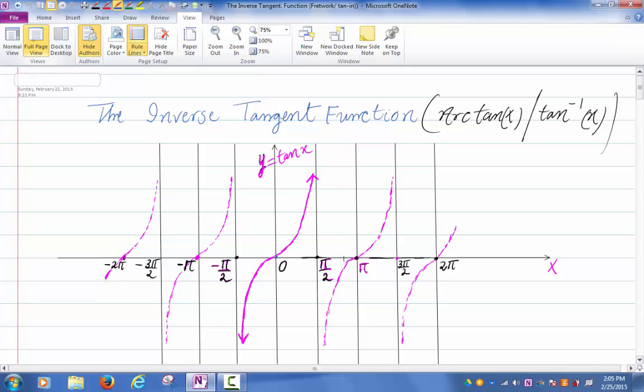Yeah, all real numbers. So I want to take a piece which is 1-to-1, but it doesn't lose any of the range values. And such a piece would be -π/2 to +π/2. So I am going to restrict the domain of tangent from -π/2 to +π/2, of course excluding -π/2 and +π/2 because they are not in the domain.